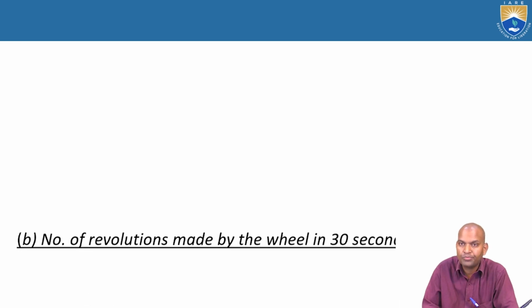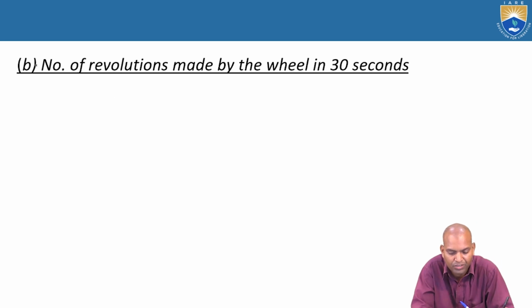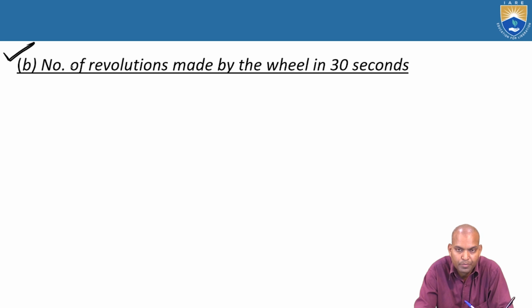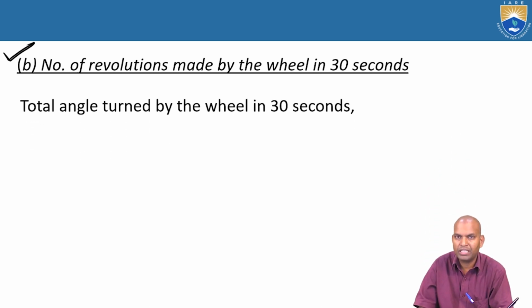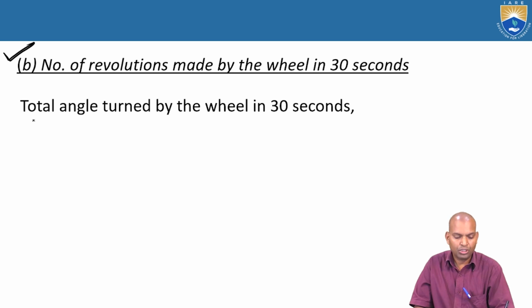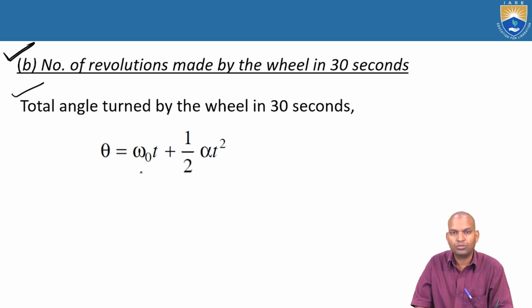What about the second objective? The second objective is the number of revolutions made by the wheel in 30 seconds. We need the angular displacement, so the total angle turned by the wheel in 30 seconds. Theta equals omega naught t plus half times alpha t square.